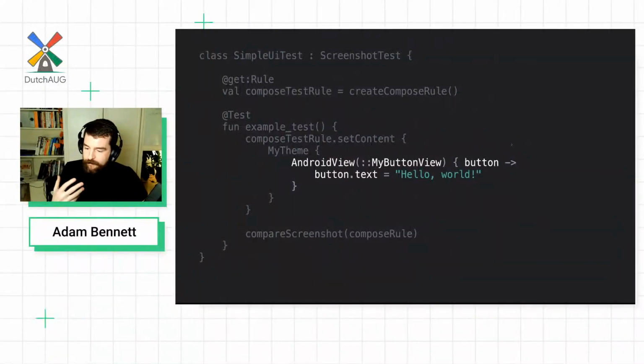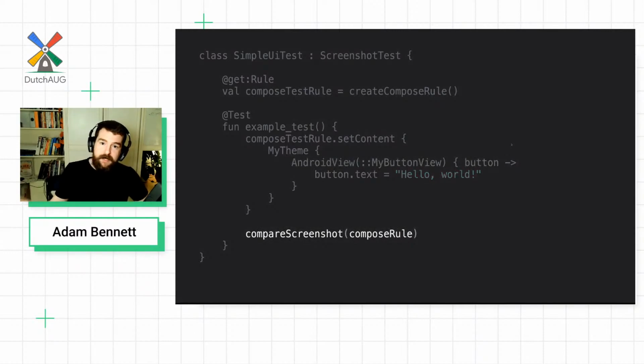You're even able to write Espresso assertions on top of this, despite being inside a composable tree, which is kind of crazy. If you want to, you can write those assertions, check that Hello World is visible. But the real magic happens here, where we call compareScreenshot. What this does is set a baseline. It takes a screenshot, and that screenshot is now the standard to which your composables have to match.